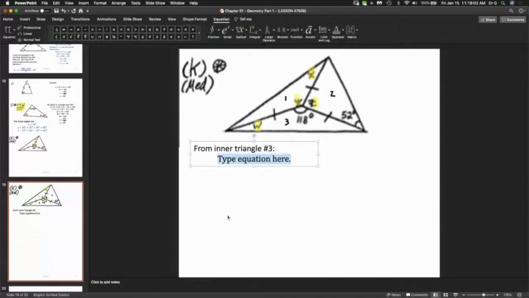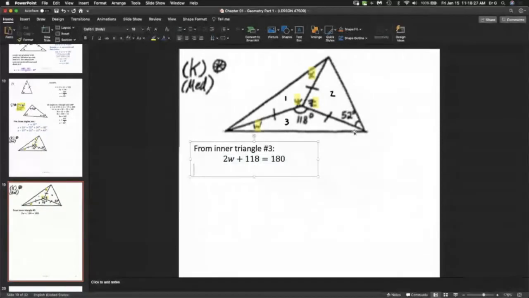I can see that W over here is the same as this angle over here, and that angle up there is 118. So we have 2W plus 118 equals 180. So what do we get there?